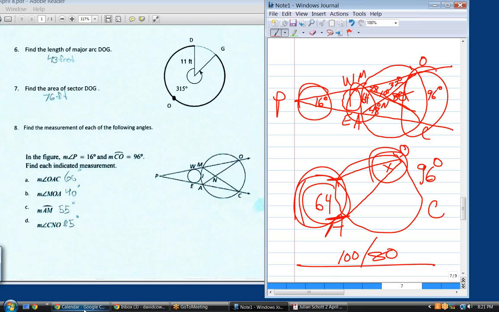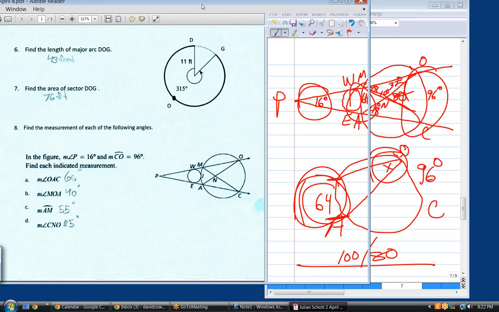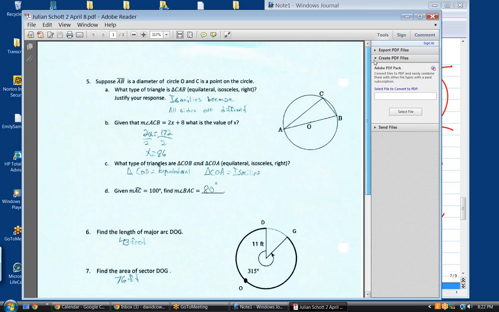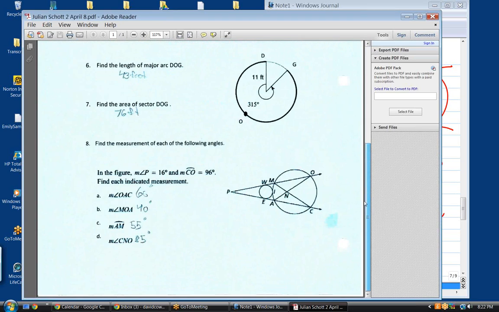You know what I mean by the green theorem boxes? Just go through, find every one of them in this chapter, and make sure you have it memorized. And then you can solve all of these kind of problems. Once you have them memorized, that's all there is to it. The rest is just arithmetic. But you got to know those theorems.